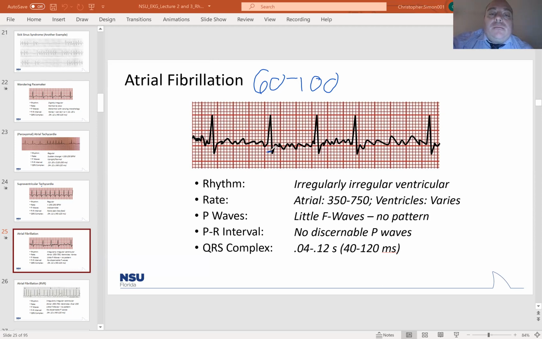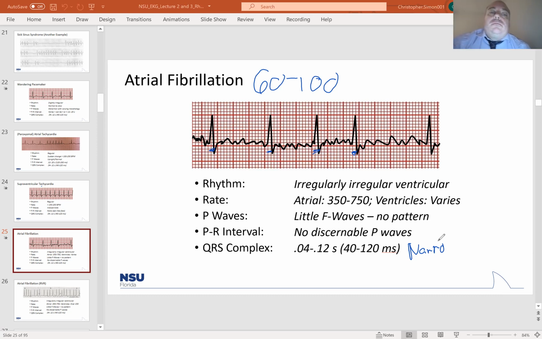Yeah, that's what my QRS looks like. Maybe 2 boxes, maybe 1 box, 1.5 boxes. Either way, it's not greater than 0.12, so we would say the QRS is narrow. So no P waves, narrow QRS.